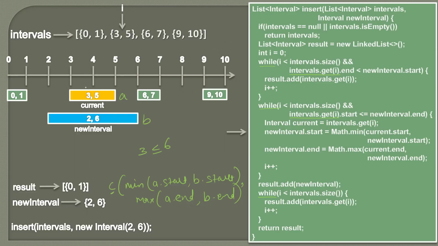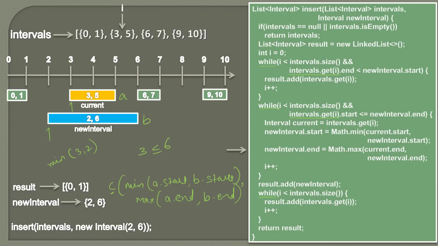We are simply merging 3,5 into the new interval only. So new interval start will become the minimum of current start, which is 3, and new interval start, which is 2. So the minimum of 3, 2 gives 2. So new interval dot start will become 2, which is already 2, so this won't get changed. Now new interval end will become max of current dot end and new interval dot end.